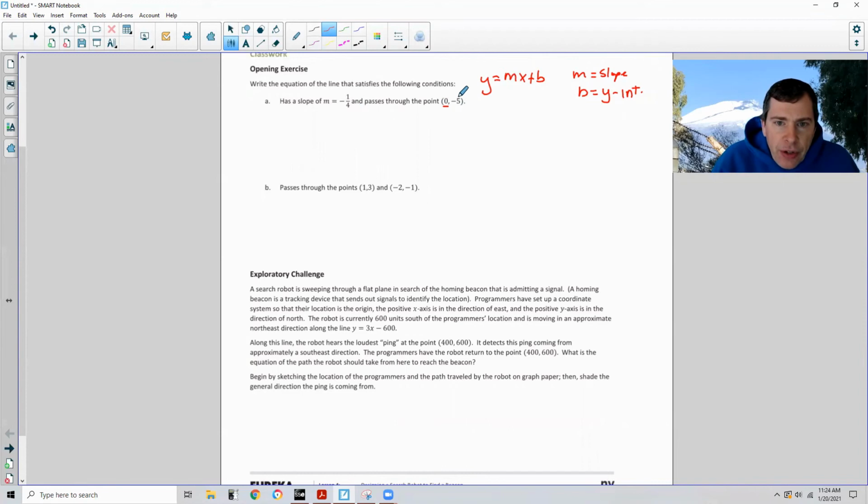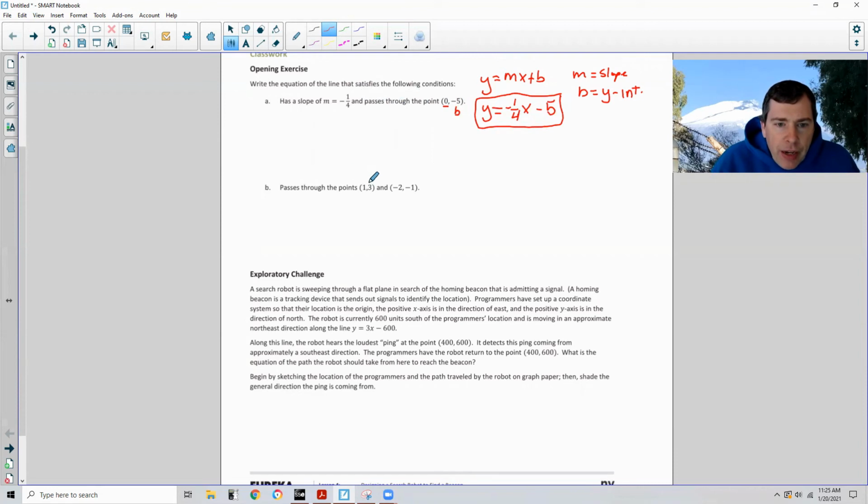When x is 0, this is our b. So we have our m and we have our b. We just substitute it in here. So it's y equals -1/4 x plus b. Well, plus a -5 is just simply -5. So the equation of a line with a slope of -1/4 passing through the point (0, -5) is y equals -1/4 x minus 5.